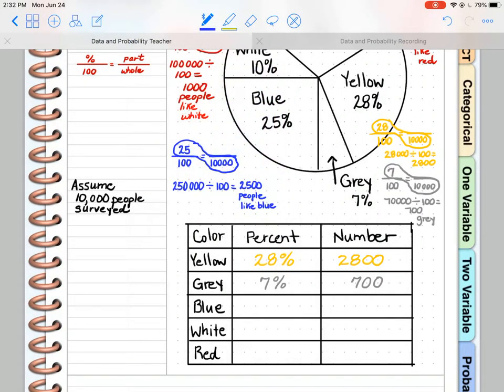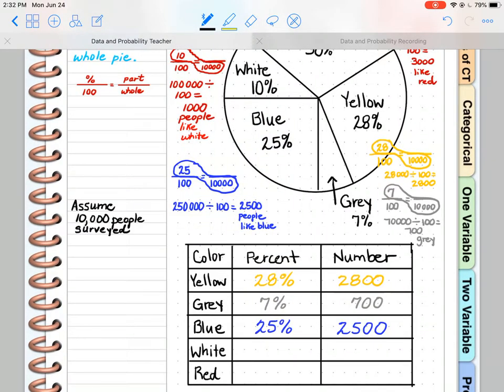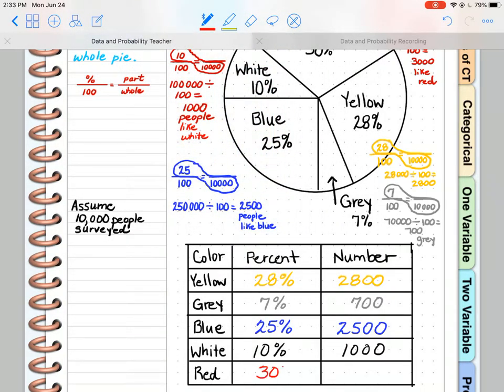Blue, we had 25%, or 1/4 of the 10,000, which is 2,500 people like blue cars. White, we had 10%, or 1,000 people chose white. And then red, which was our most popular choice, was 30%, or 3,000 people.